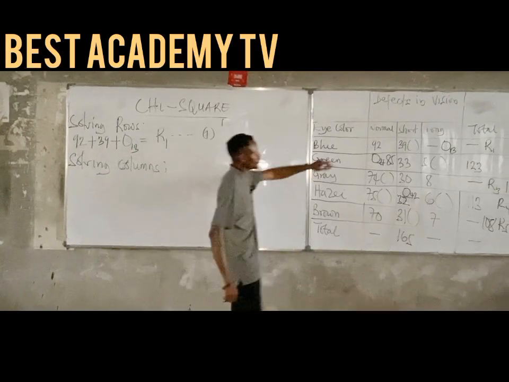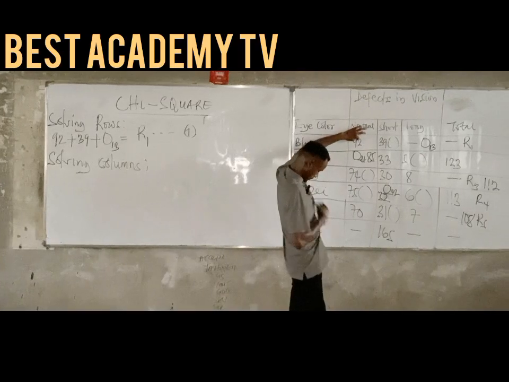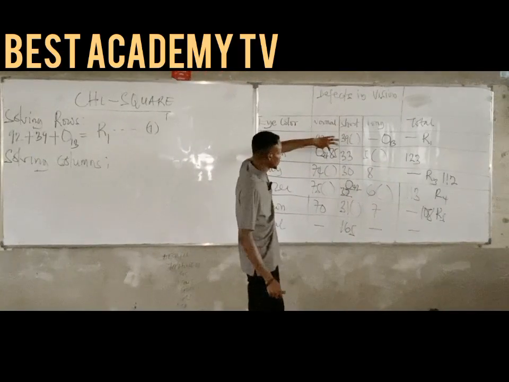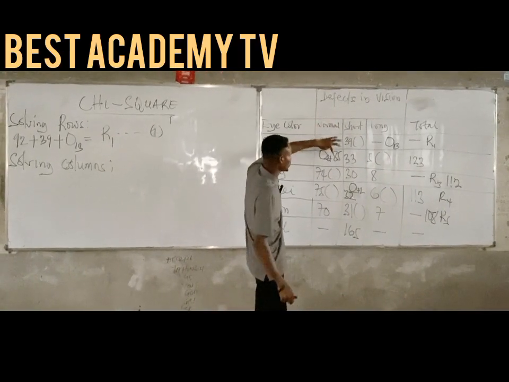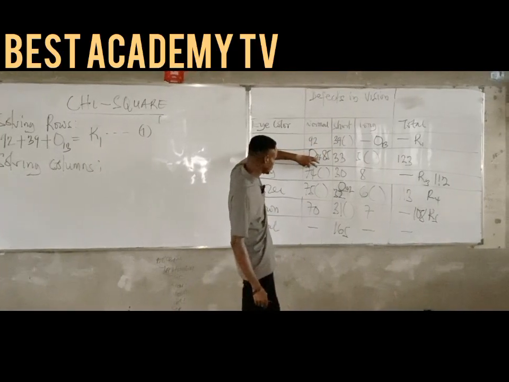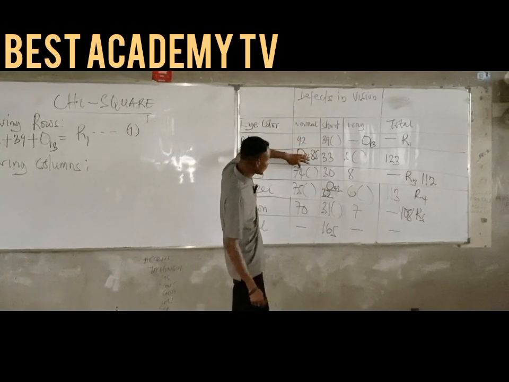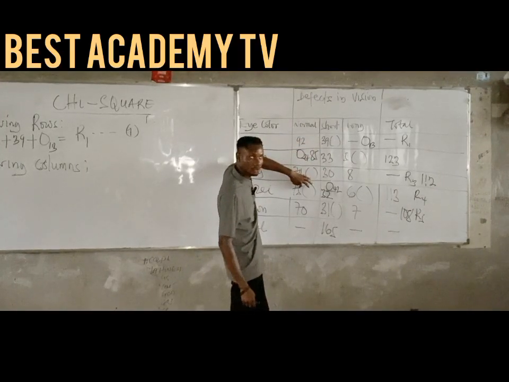Let's go for the first column here. This is 92, class. Let's punch our calculator, please. 92 plus 85 plus 74 plus 75 plus 70.